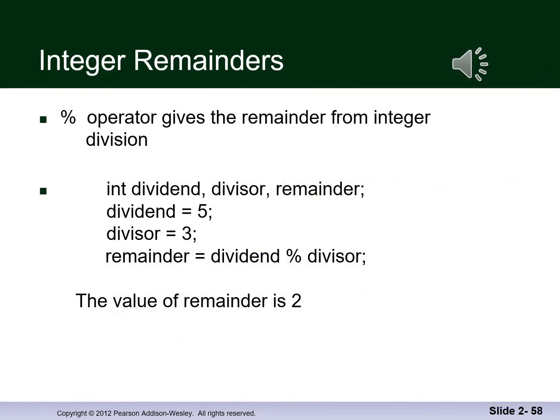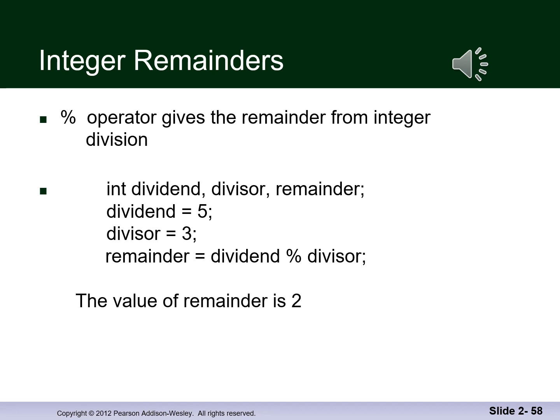If you want to separate the remainder, you can use the percent operator. This produces the remainder from integer division. So here's another example. We declare 3 ints, dividend, divisor, and remainder.